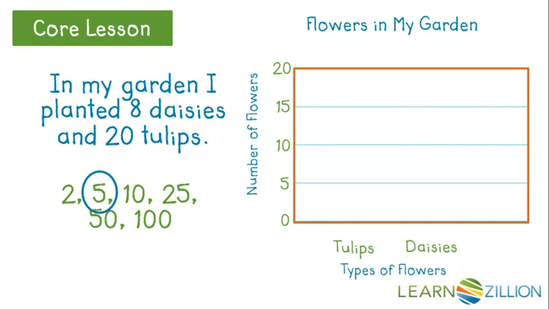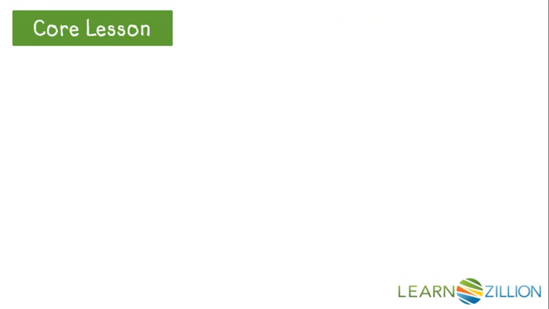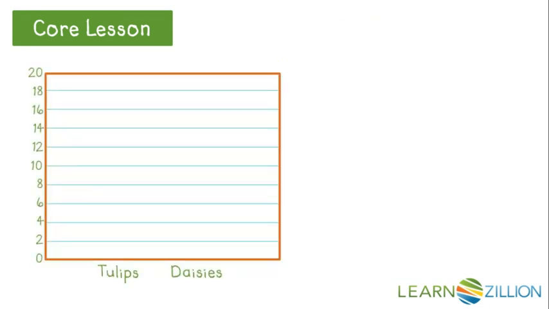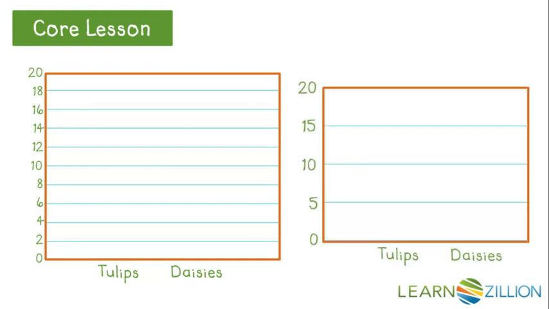Let's think back about our data and how it would look on these graphs if we counted in increments of 2 or increments of 5. On each graph, I can show clearly that 20 tulips are in my garden. When my scale increases by 2, it is clear to show that 8 daisies are in my garden.